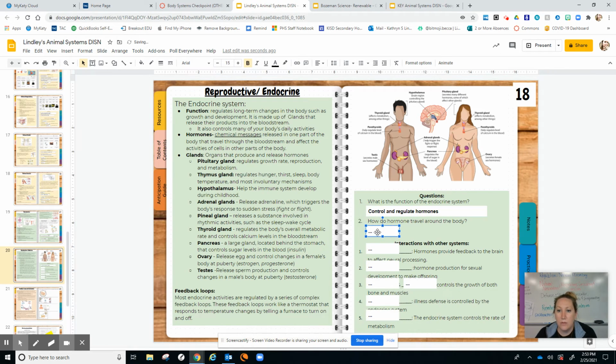All right. How do hormones travel through the body? Hormones travel through the bloodstream.